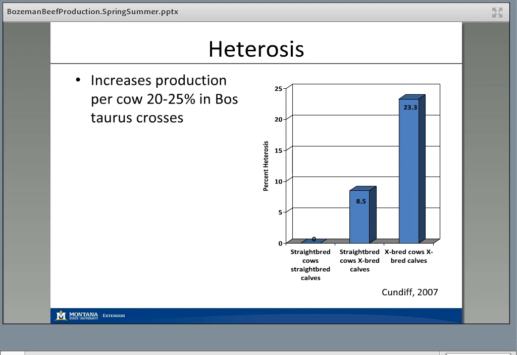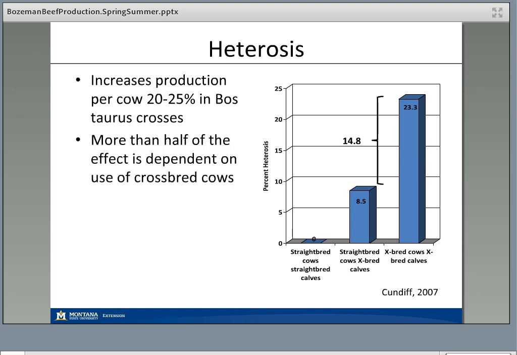If we breed those straightbred cows to another breed of bull and they have crossbred calves, we've now increased heterosis by 8.5%. But like we said here, the biggest component comes when we have cows that are crossbred who have calves that are crossbred. So we can see here that more than half of that effect, that 20 to 25% increase in production, is dependent on the use of crossbred cows.